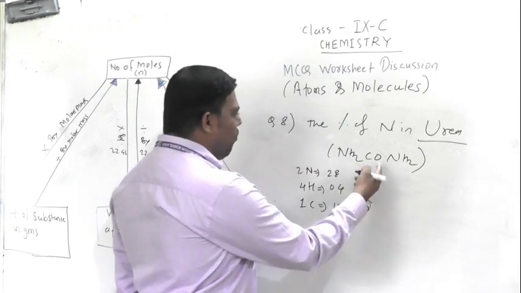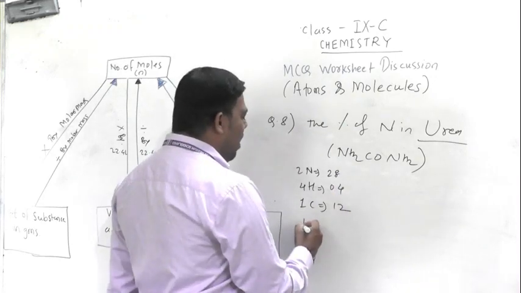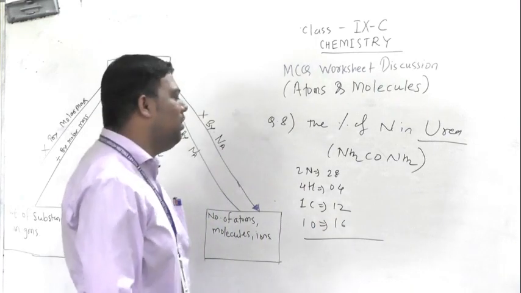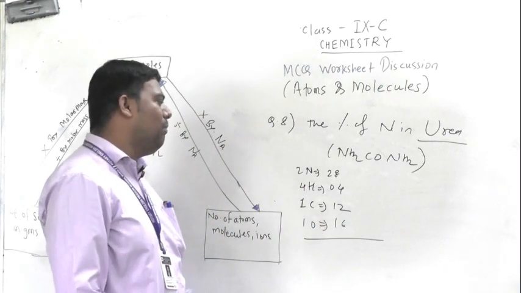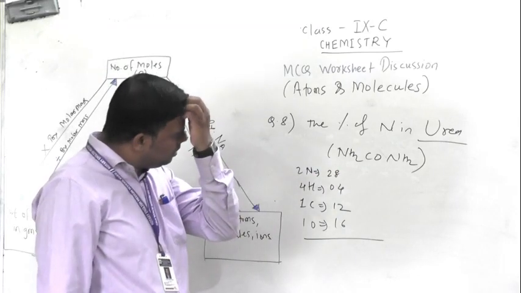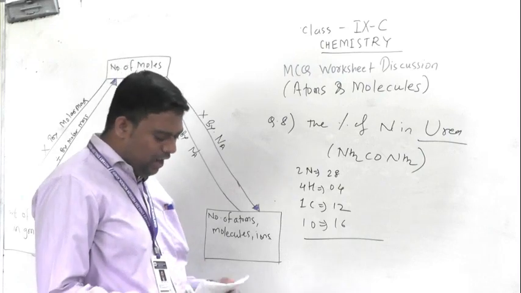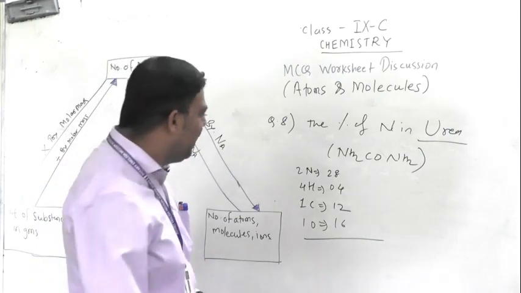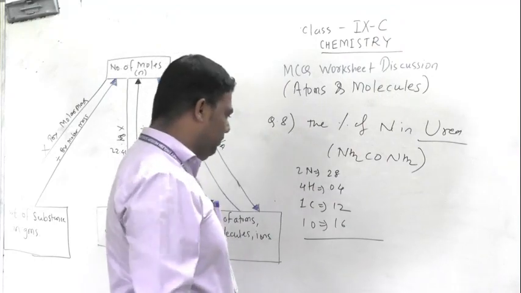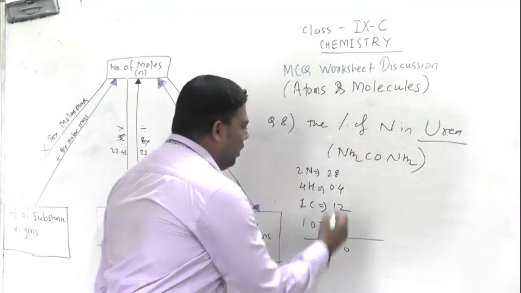And 1 oxygen, 16. If you add, you will get 60 atomic mass. Understood? Okay. So like that.